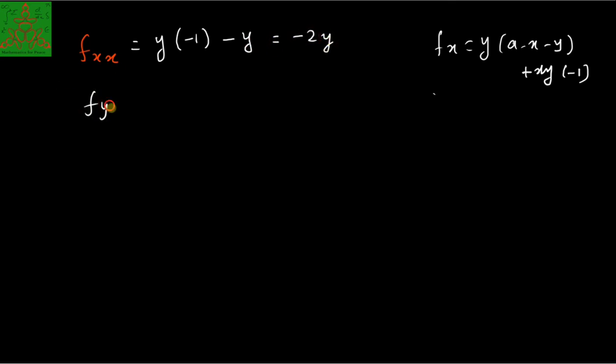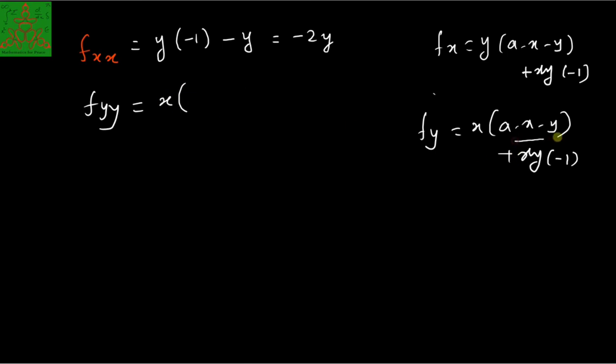What is fy? Fy is x into a minus x minus y plus xy into minus 1. So fyy will be x as it is, the derivative of this quantity will be minus 1, and here it is also minus x. So that's why it is minus 2x.